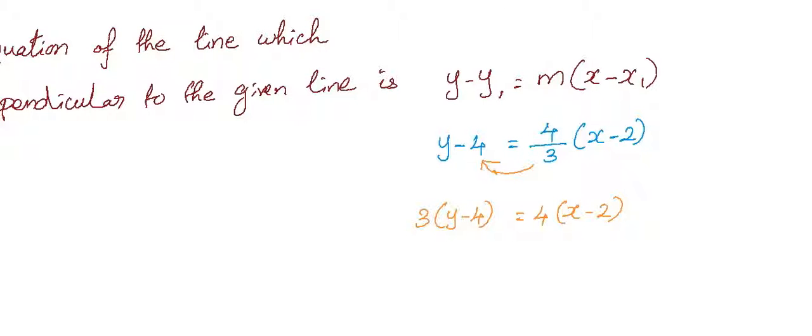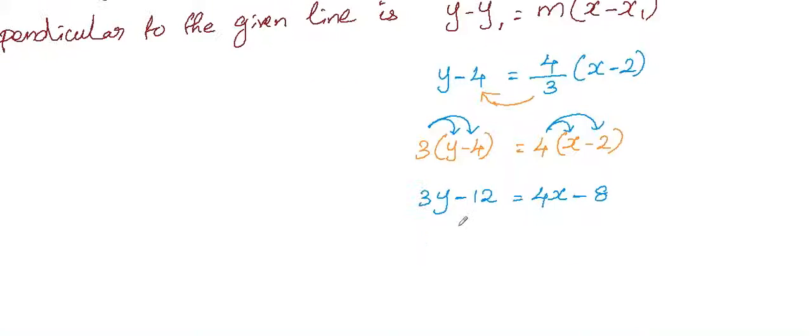Now distribute this. 3 times y, 3 times minus 4, and 4 times x, and 4 times minus 2. So we will get 3y minus 12 equals 4x minus 8.